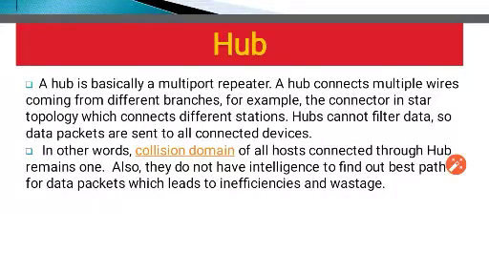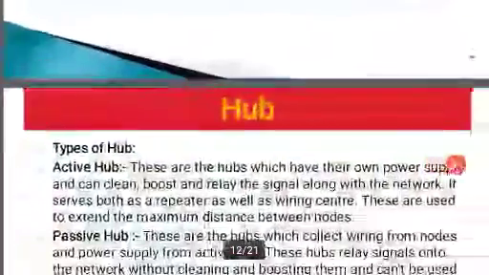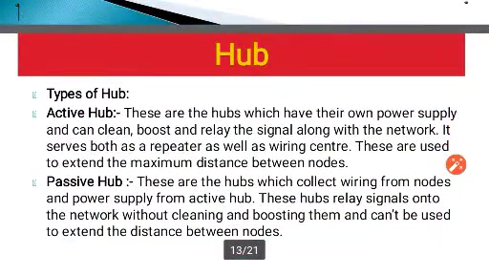Okay. Now let us see the different types of hubs. First is the active hub. These are hubs which have their own power supply and can clean, boost and relay the signal along with the network. It also serves as a repeater as well as a wiring center.